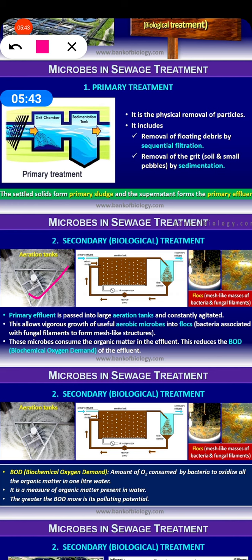When we are using aerobic microbes and they are agitated, their growth rapidly increases. With the agitation and the air supply, the aerobic microbe growth increases, and that leads to the formation of flocs. Now, what are flocs? These are masses of bacteria associated with fungal filaments. Bacteria plus fungi form a mesh-like structure. Mesh means wire, jali-like structure.